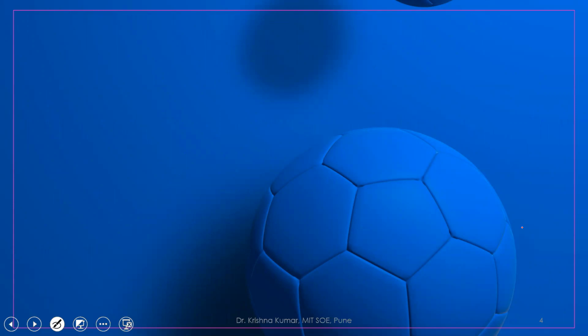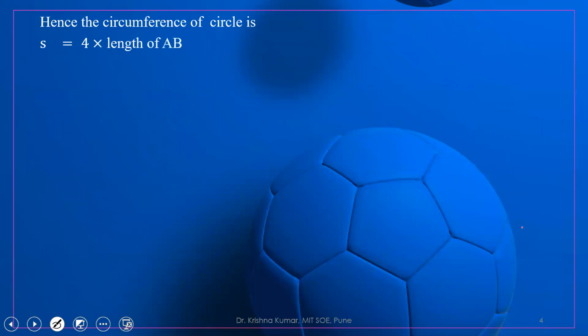So let us take it over here. Hence the circumference of the circle S is equal to 4 times the length of AB. We have already seen what AB is. AB is only the first part of the circle.